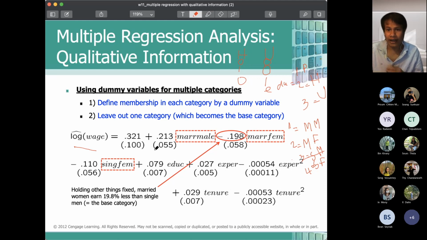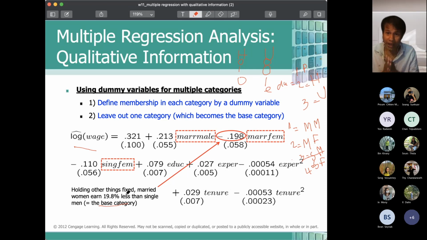All right. Here, it is written, holding other things fixed. What factors could we hold fixed? Education, experience, and so on. Married women, this one, earn 19.8% less than single men, the best category.